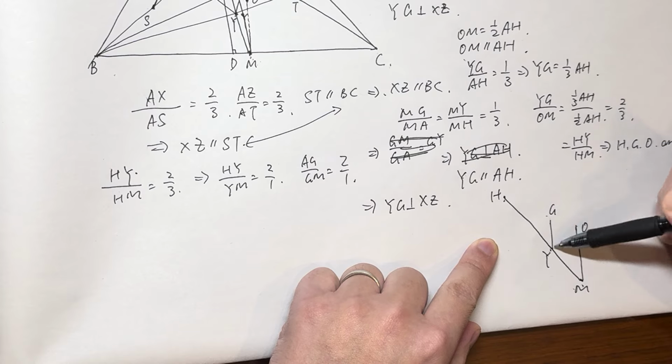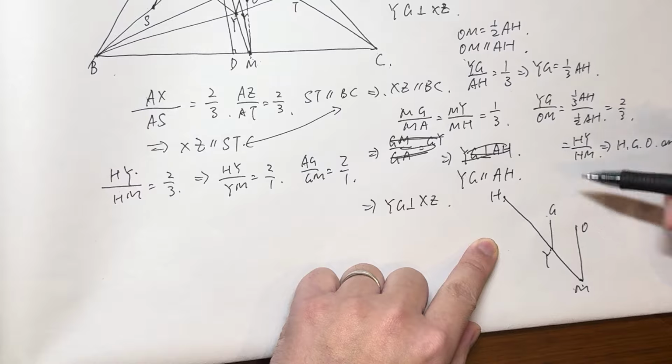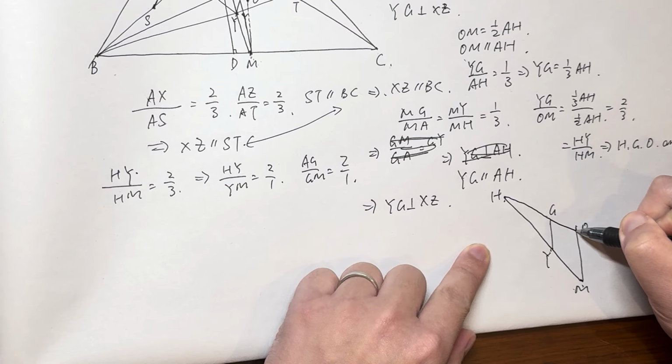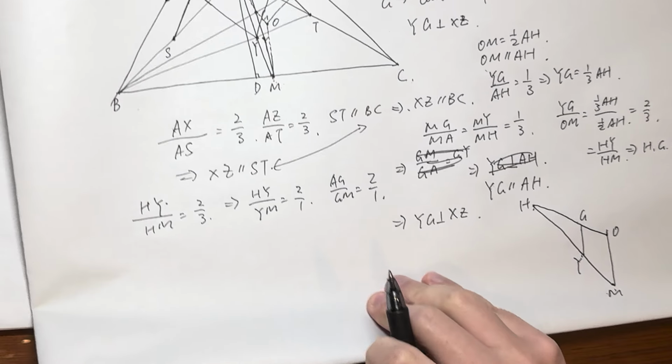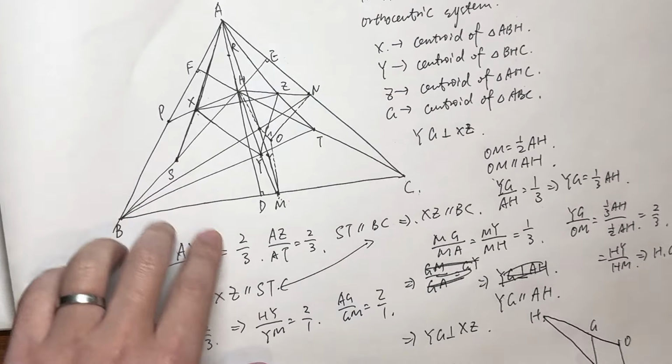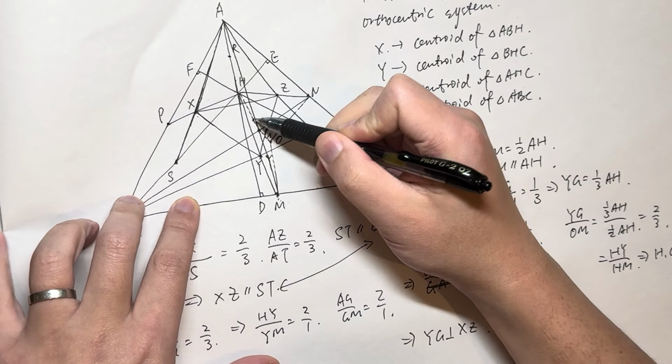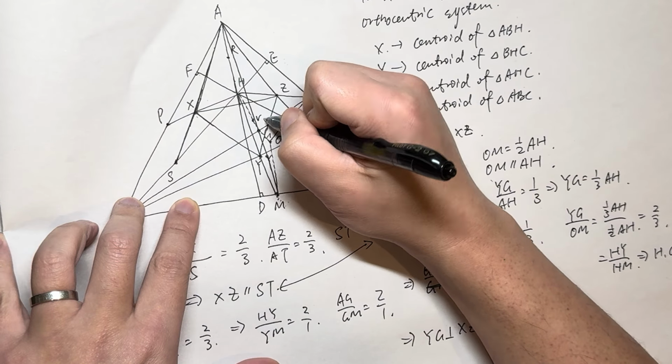And we already know that YG is parallel with OM, which means H, G, O are collinear. Based on this, it's very straightforward to find the 9-point circle center V here.